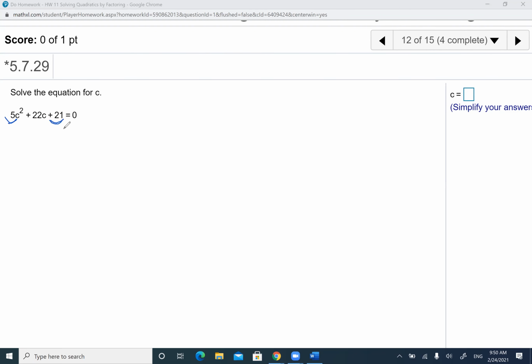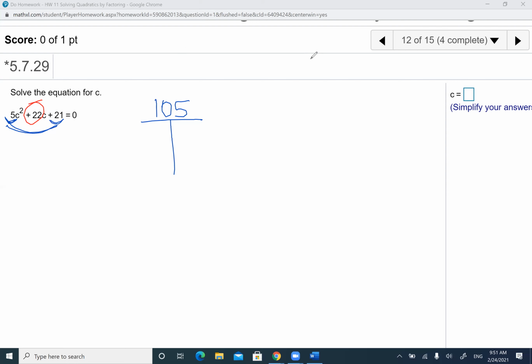When you have 3 terms and there's a number in front, you're going to multiply 5 times 21. 5 times 21 is 105. So you're going to get 105, and you're going to get the factors of 105 which add up to the middle one, positive 22.